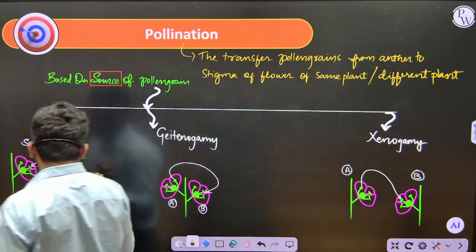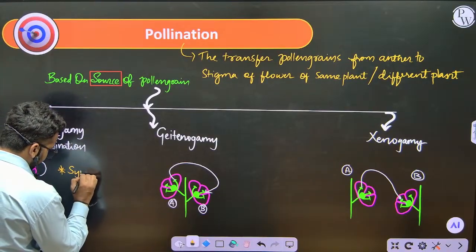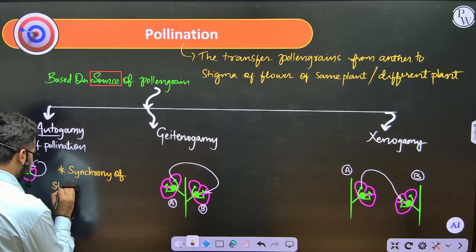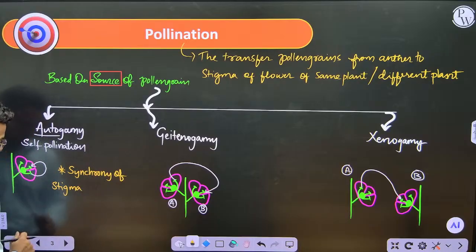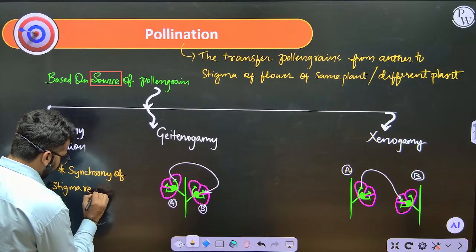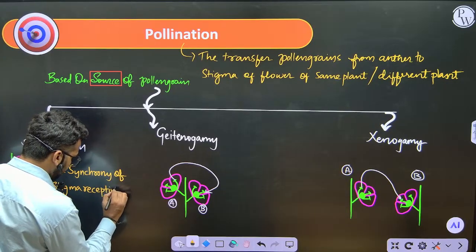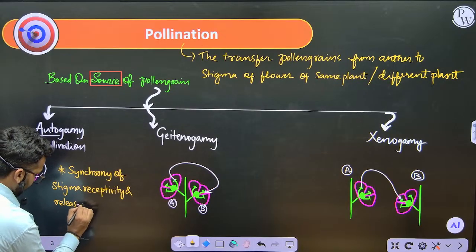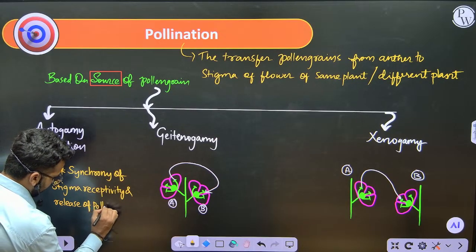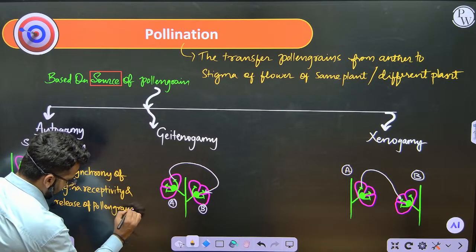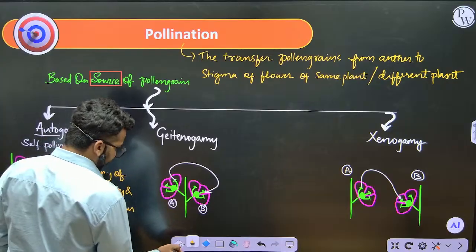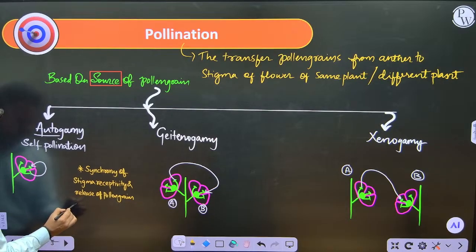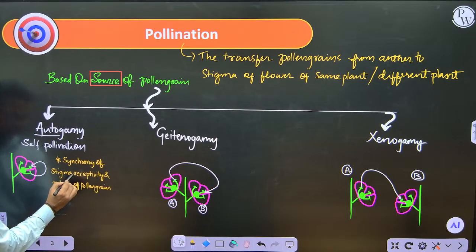The synchrony of stigma receptivity and release of pollen grain should occur at the same time.